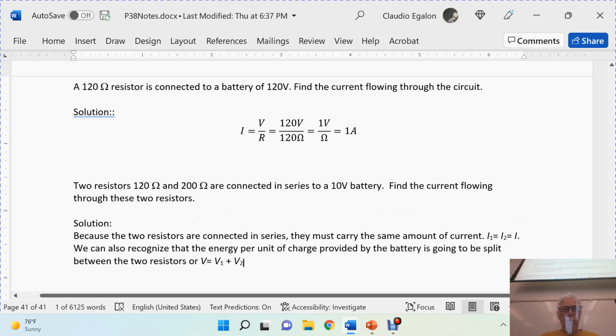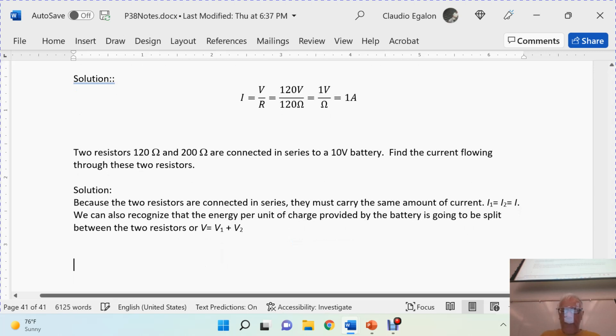So now we have those equations. Actually, we're going to have three equations now.